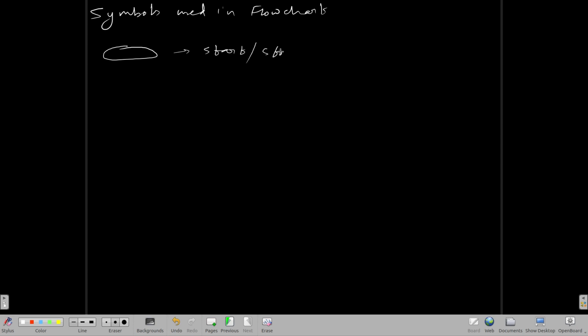Okay. Now the next thing I have to mention is the symbols used in flowchart, because I have already mentioned that flowchart is a pictorial representation and it will be using certain symbols. I'll just mention what the symbols are and what they are used for, and once we start seeing some examples you will get a hang of things. Okay, so the first thing is an oval shape. It is used for start and stop. A rectangle is a process box.